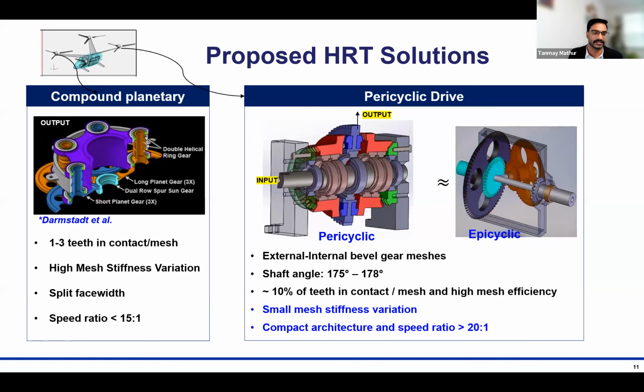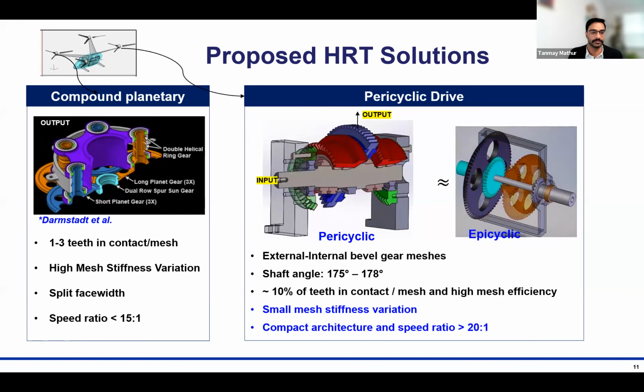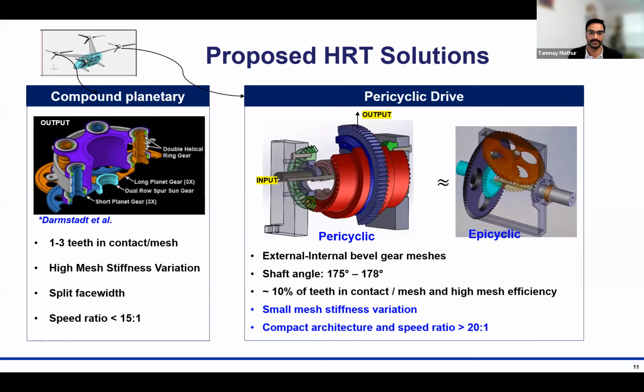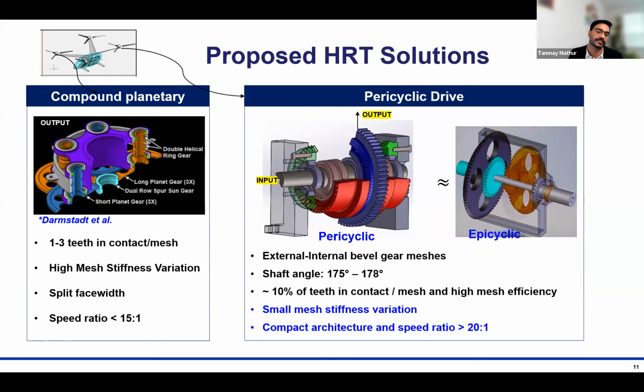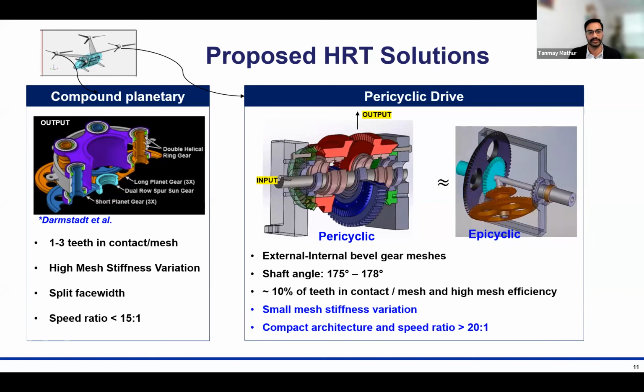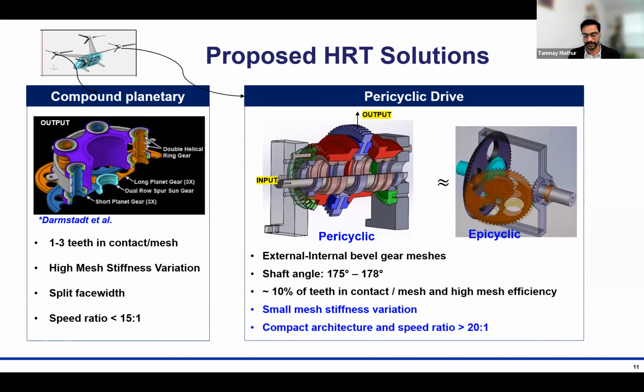So this gets you a higher speed ratio, but at the same time, you're splitting the face width on this gear, reducing its bending strength capabilities, and you're not getting much advantage in terms of weight.